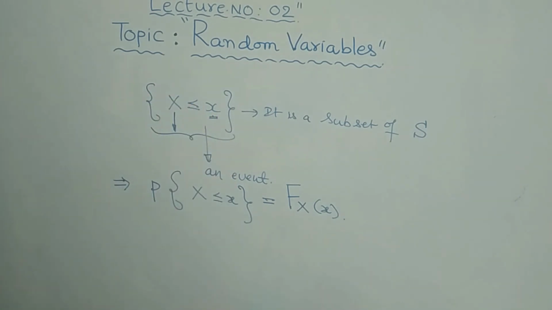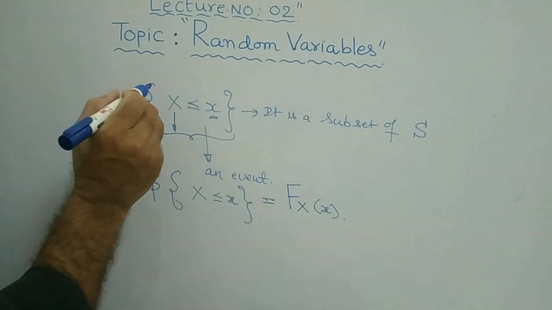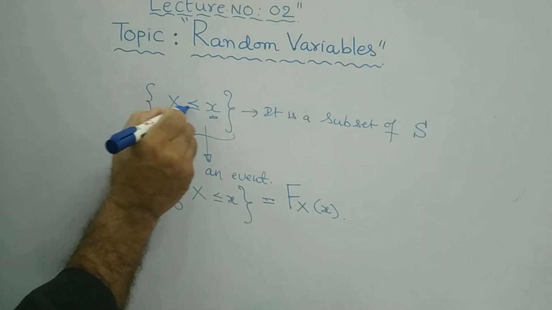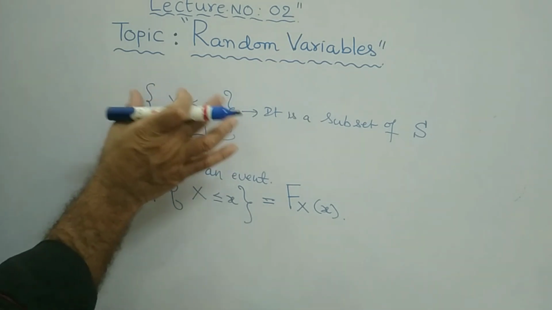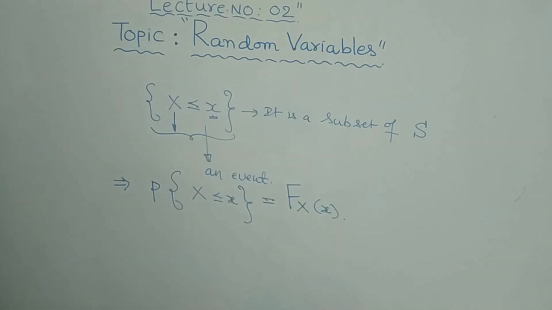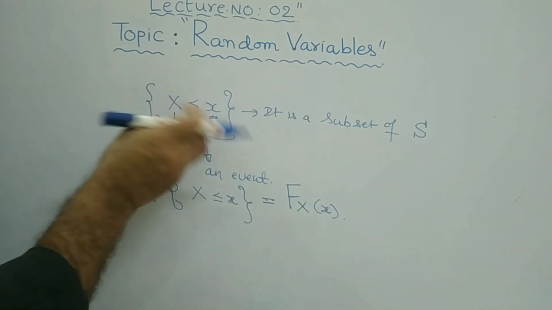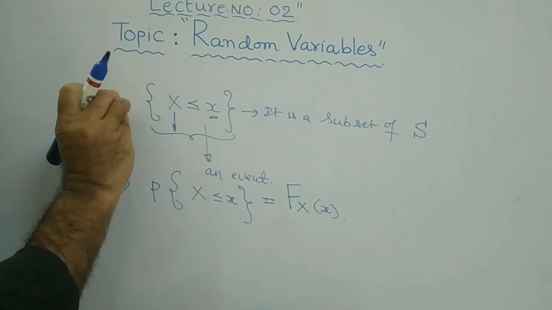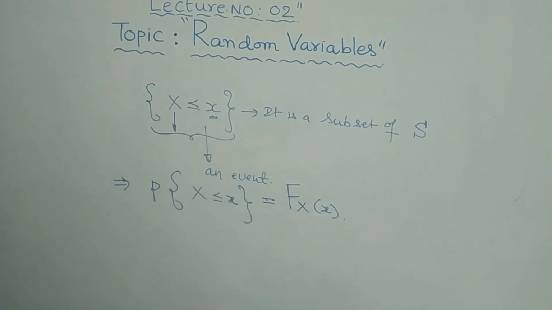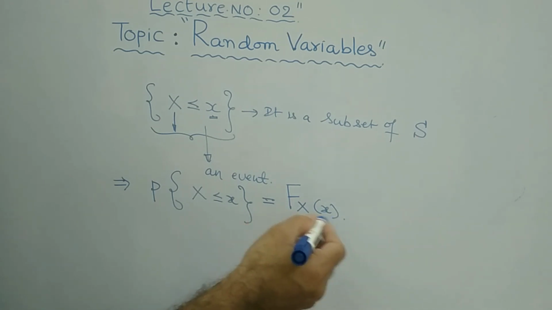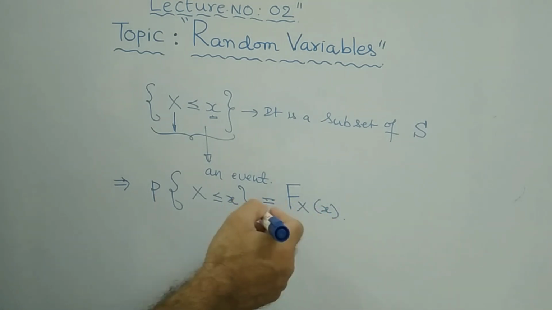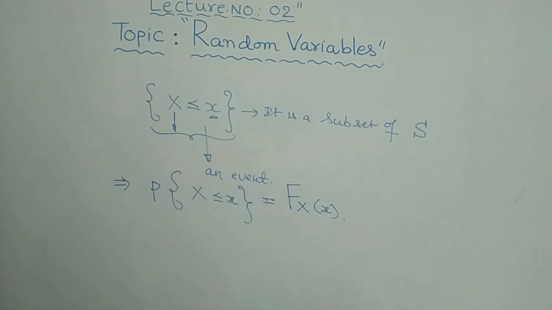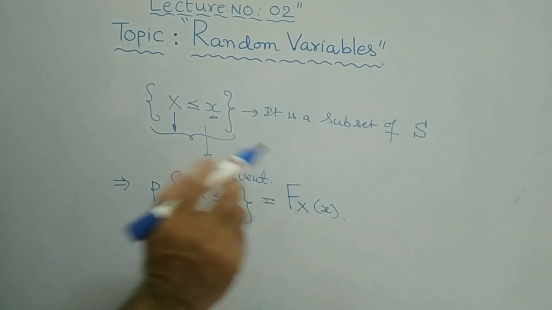My random variable must be less than or equal to that real number. Then this is called an event. If you take the probability of that event, then that is called a distribution function or PDF, probability distribution function, otherwise also called the cumulative distribution function of random variable x.